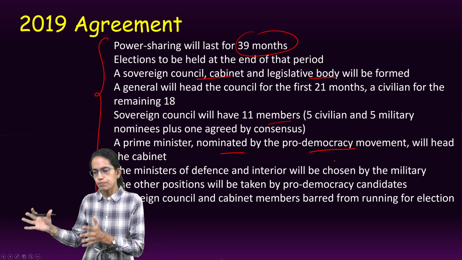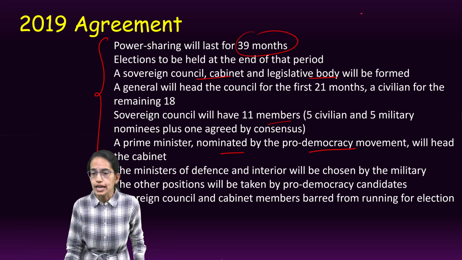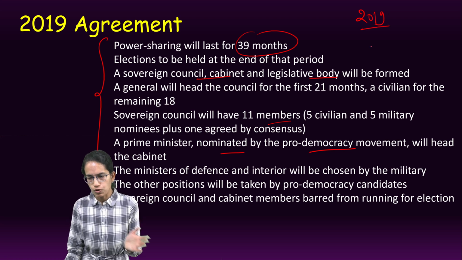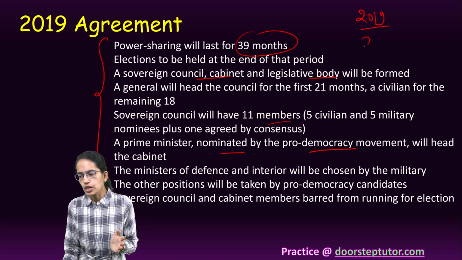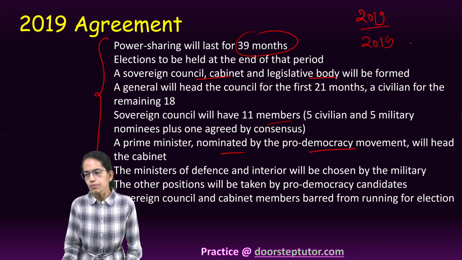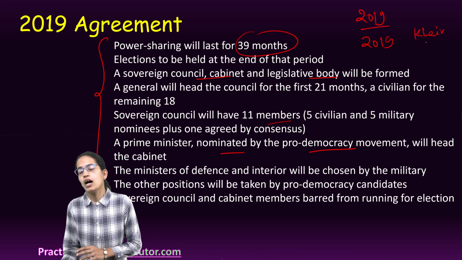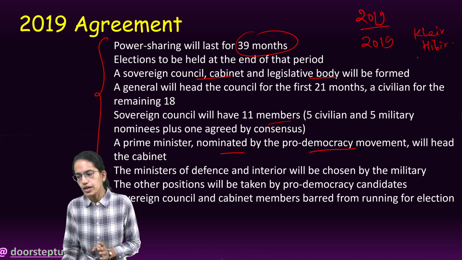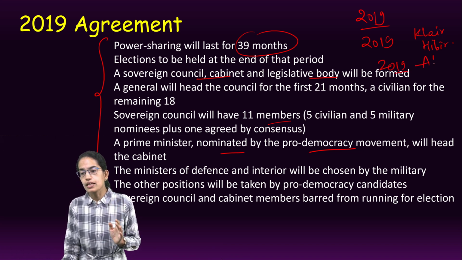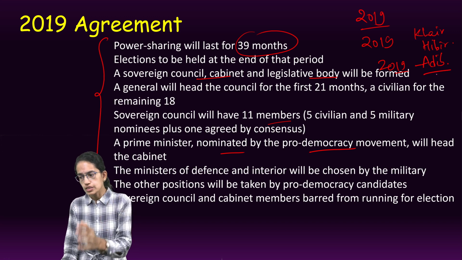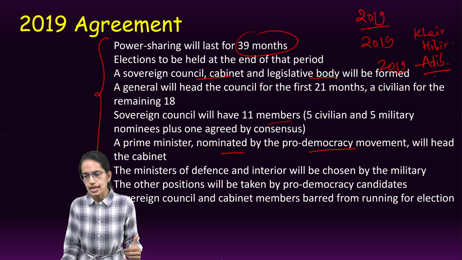So what was the process? In 2019, Hassan was released from Cairo. In 2019, Khair became the Chief Justice and Hibir became the Attorney General. However, later in 2019, Abid was responsible for the investigation of the massacre that had happened.